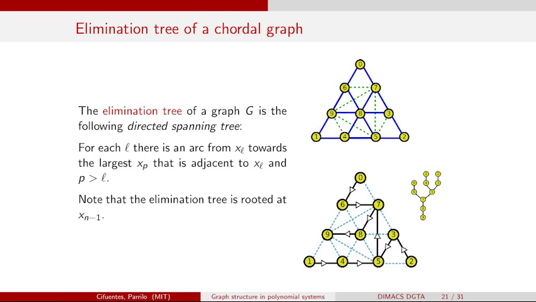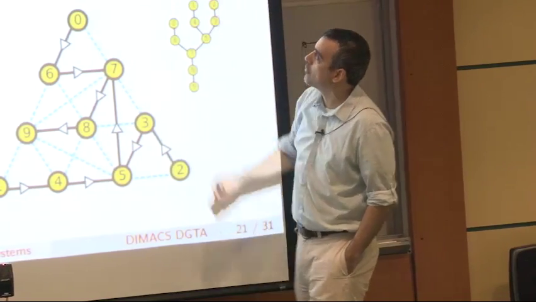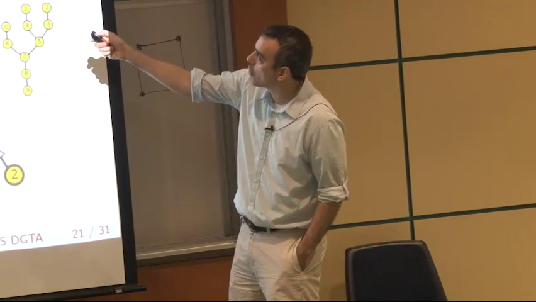And what's this elimination tree? Something very simple. Remember, I gave this example of people coming to the party and leaving the party. So it's just a directed tree that points from you to which one of your friends left the party immediately after you. So for instance, in here, the blue graph is my starting graph. I want to do a chordal completion.